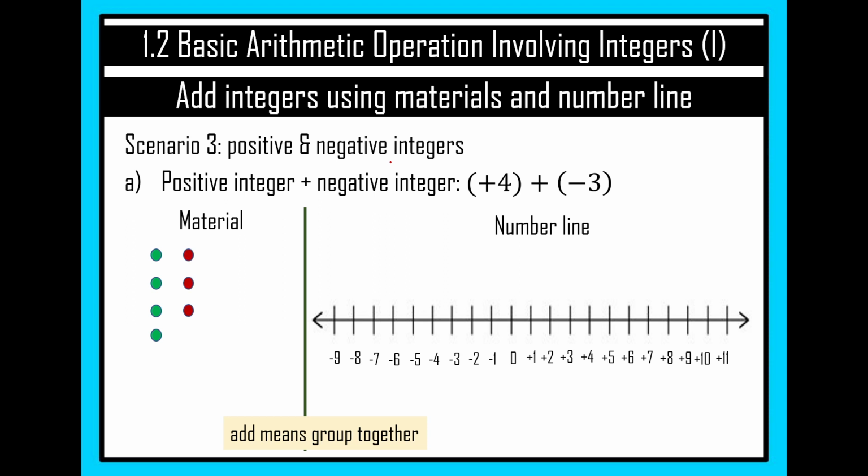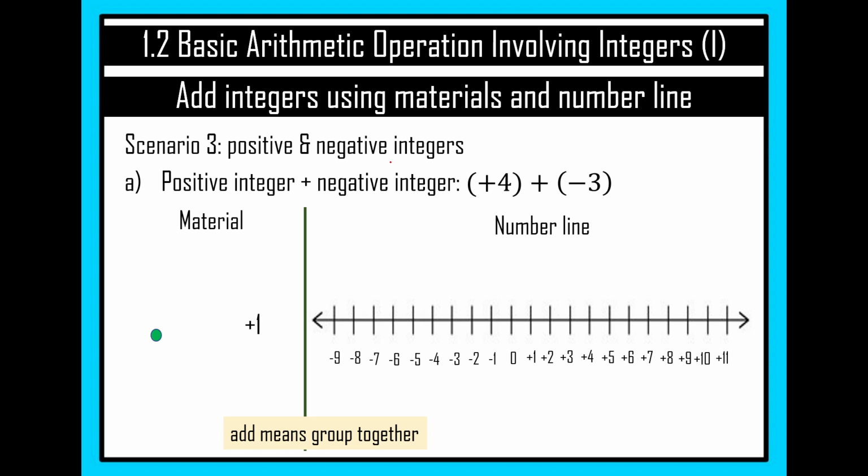Now remember when I tell you that if a positive meets a negative, it will become 0 pair. So in the material, you see that there are 3 sets of 0 pair. So because this one doesn't add any value, we're going to take them away. Now we are going to left them with 1 green circle, which is positive 1.